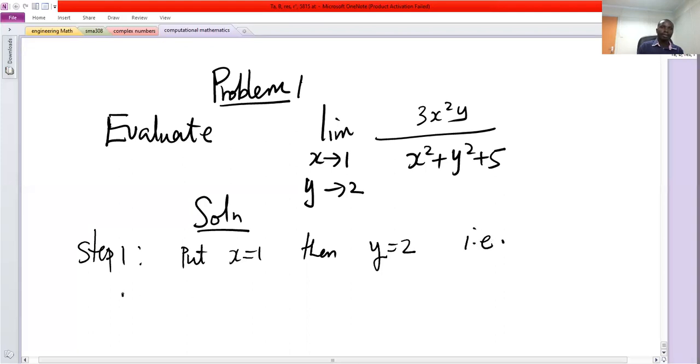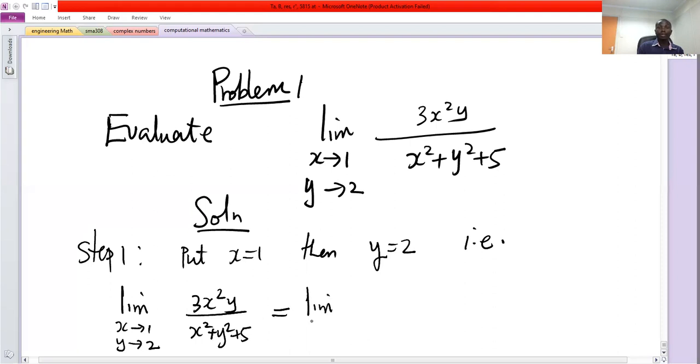That is, you write limit x approaches 1, y approaches 2, 3x squared y over x squared plus y squared plus 5 equals to limit y approaches 2 of limit x approaches 1.